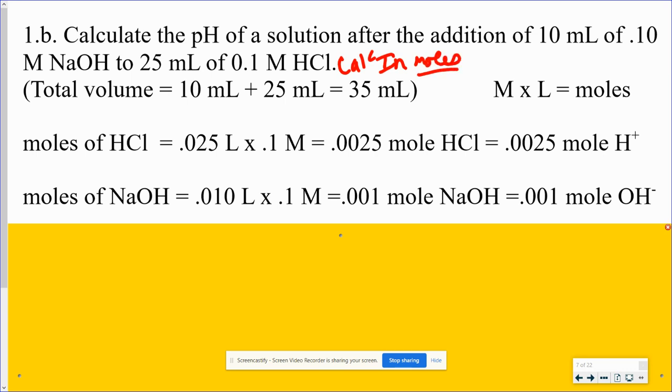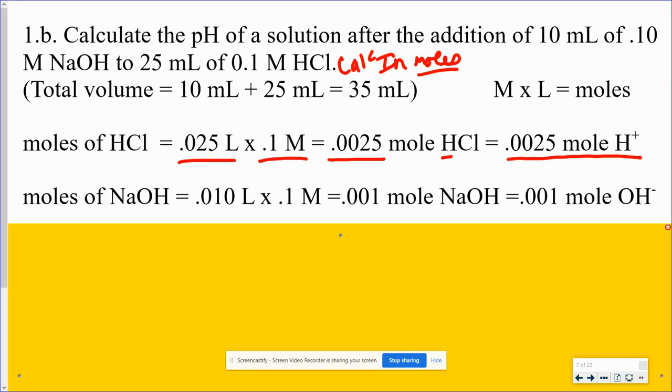So we have 0.025 liters of 0.1 molar HCl. So that means we have 0.0025 moles of HCl, which there's one H in HCl. It's a strong acid. So that means we have 0.0025 moles of H plus. Okay, liters times molarity to get moles.